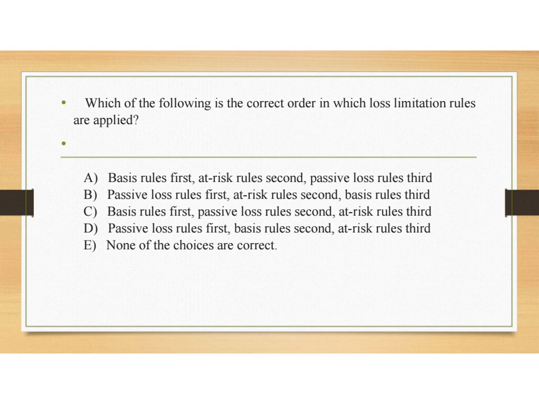So it has to meet tax basis rules first, then at risk, and then passive activities, okay? And we know that we're not allowed to deduct excess business losses as an S Corp shareholder. So the basis rules are applied first, then the at-risk rules, then the passive loss rules, okay? So the answer to this question is A.